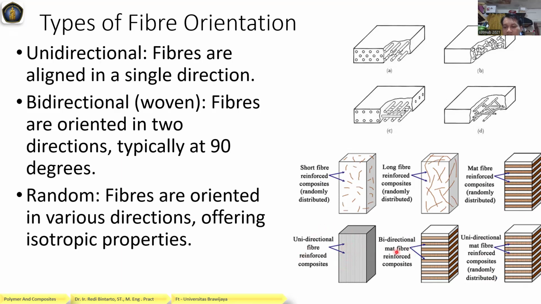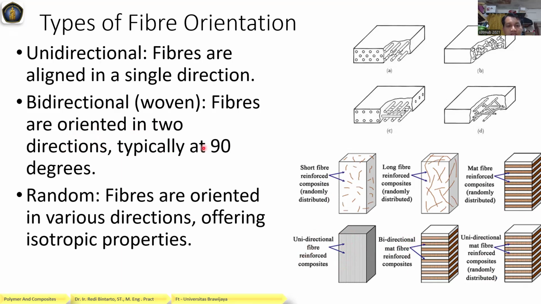For bidirectional, there is vertical and horizontal, or different sides. I mean, the direction of the fiber is more than one. Two directions, bidirectional.